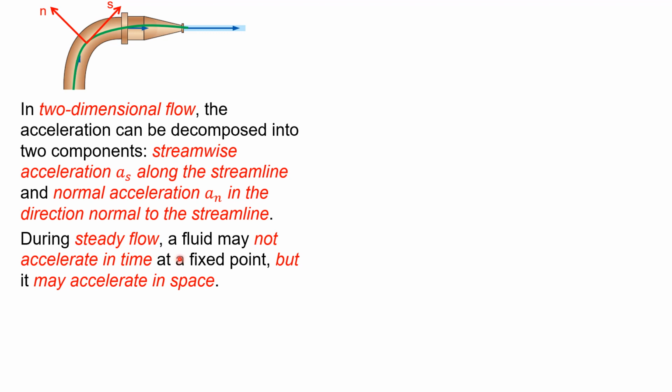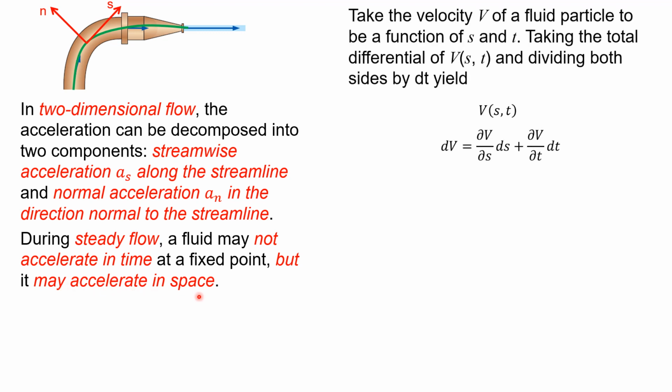During steady flow, a fluid may not accelerate in time at a fixed point, but it may accelerate in space. So let's take the velocity v of a fluid particle as a function of s and t.